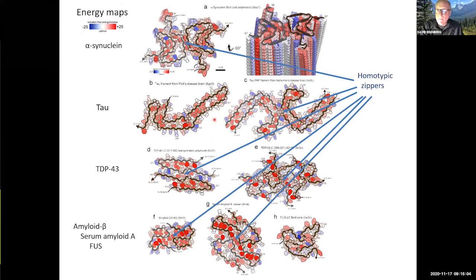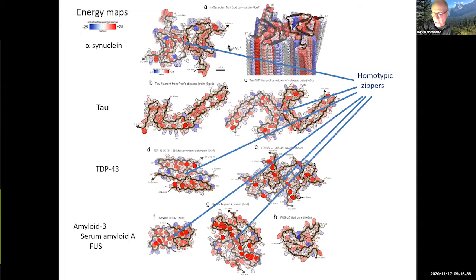Now, in many of them, there are what we call zippers at the junctions of identical polypeptide chains. These are homotypic zippers, meaning that the 2 sequences which form the zipper are identical. And we see that in TDP-43 and in these other structures. So often when there are 2 filaments, it's the same sequence which zips together at the interface, giving a very stable interface.